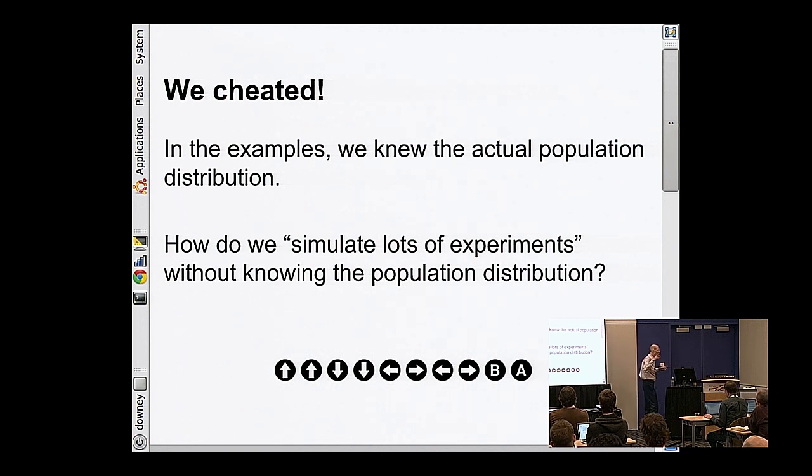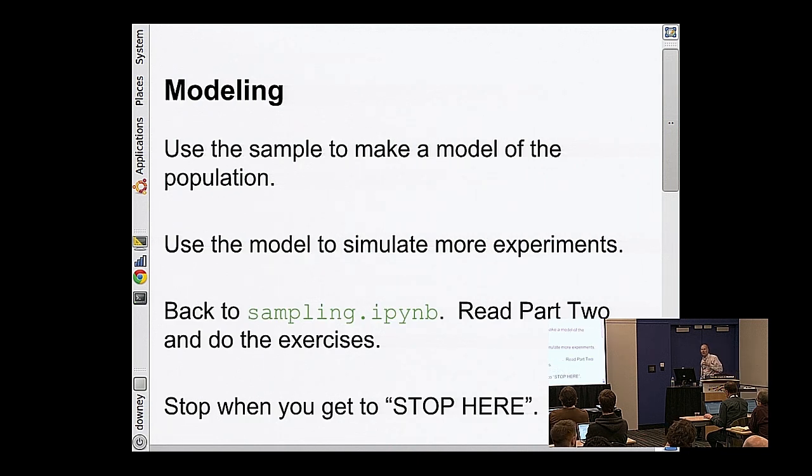So there is one more step of complication that we have to take care of, and that is the modeling step. The idea here is that you go and you run the experiment, and you get the actual sample. And now from the actual sample, you want to simulate what would happen if you ran the same experiment again. This is a two-step process.